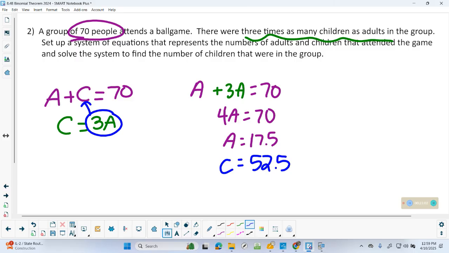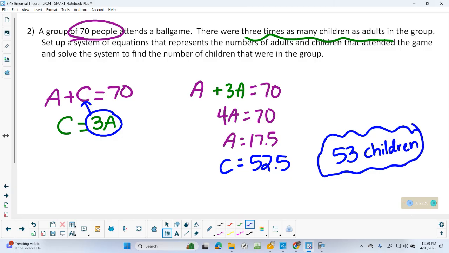Does it seem weird to have 0.5 of a kid? Yeah, so let's round it. You want to round down or up? It's kids, so I round down, but we can round it up to 53, sure. 53 children. Ooh. Sounds like a lot of germs.